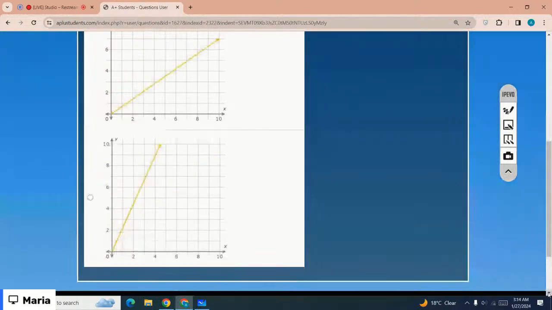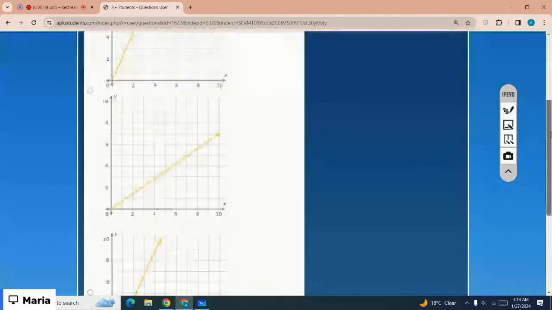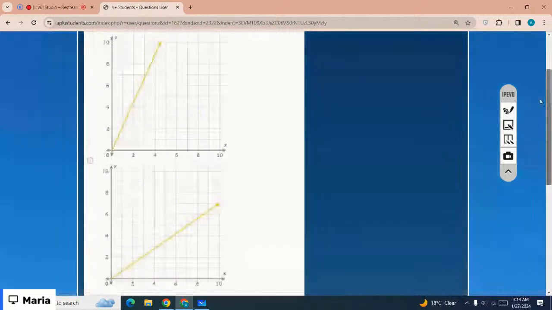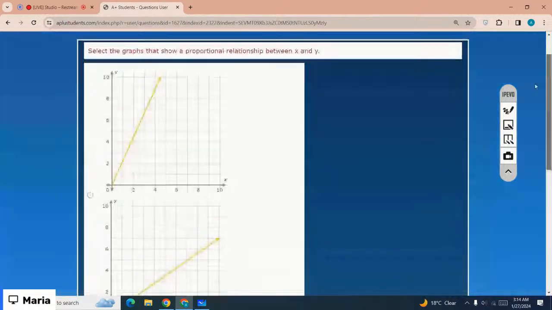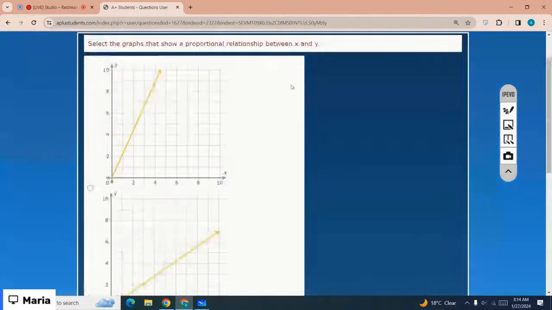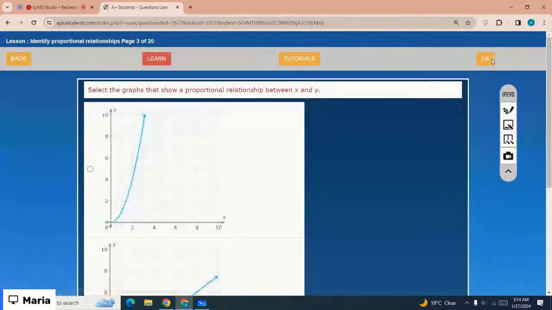Three graphs you are given in this question. Hmm. What's wrong with this question? The options are not correct for this one, right?